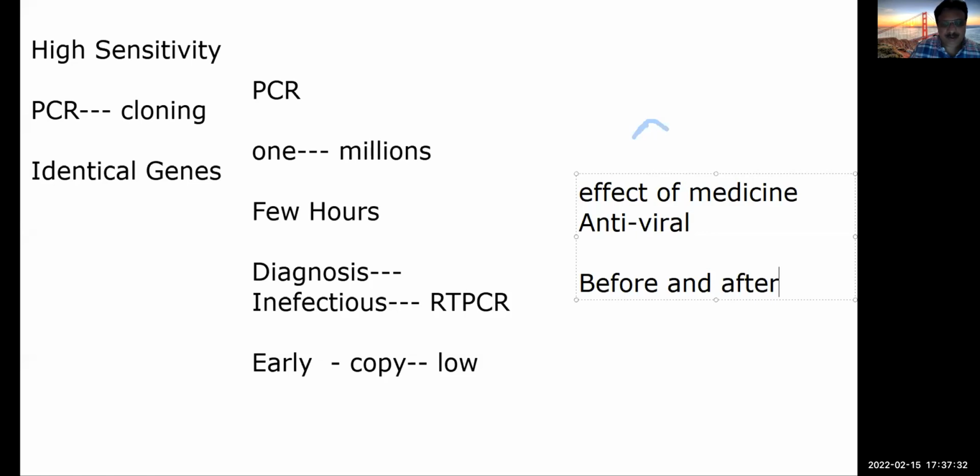Same thing can be applied for forensics. Generally, forensic scientists get a very small amount of DNA. And I mentioned to you that some genes are the same, and some genes are different in all of us, right?